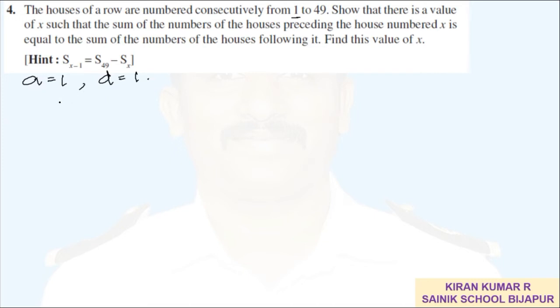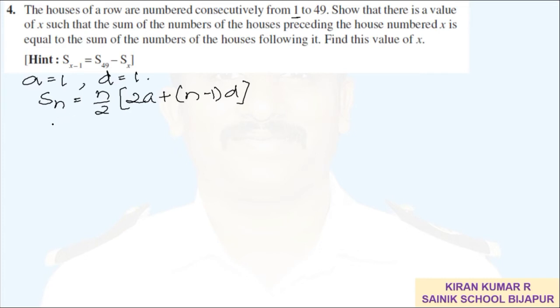Now if I consider sum of n terms, it will be n by 2 times of 2a plus n minus 1 into d. They have given the hint that we have to use Sx minus 1 equal to S49 minus Sx.